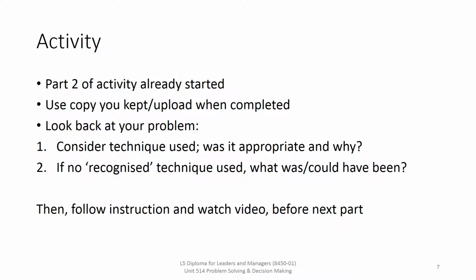What was used and was it appropriate and why? And if no recognised technique was used, what technique was used, and what recognised technique could have been used? Would it have improved it? Once you've done that and uploaded it, remember to keep a copy again, because we'll be coming back and doing part 3 later. Then follow the instructions on the screen and watch the video before we do the next part.